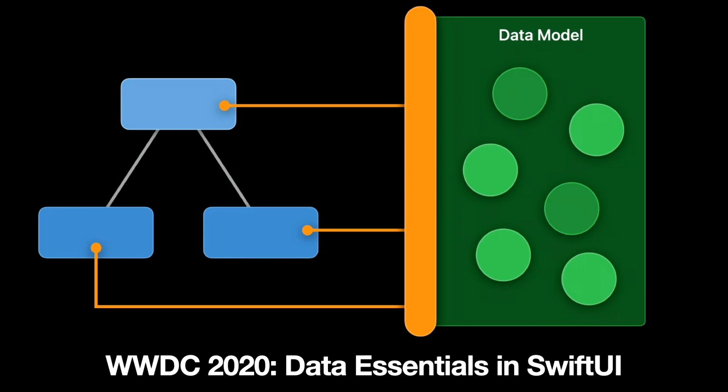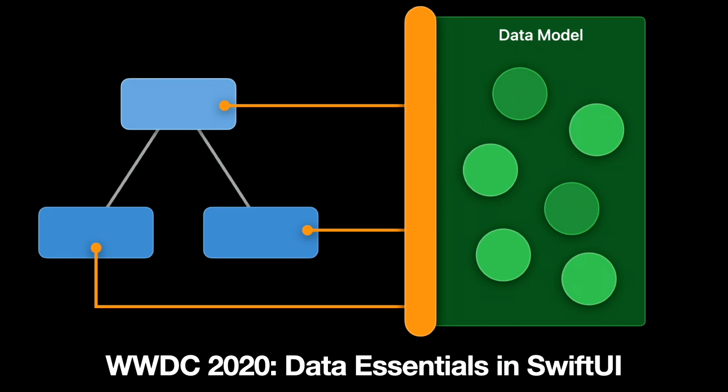And Apple actually discussed this particular technique in WWDC 2020, Data Essentials in SwiftUI. You can see this orange rounded rectangle. That's the surface area, meaning all your views, those blue things, are going to talk to that surface area and get access to all of these entities.